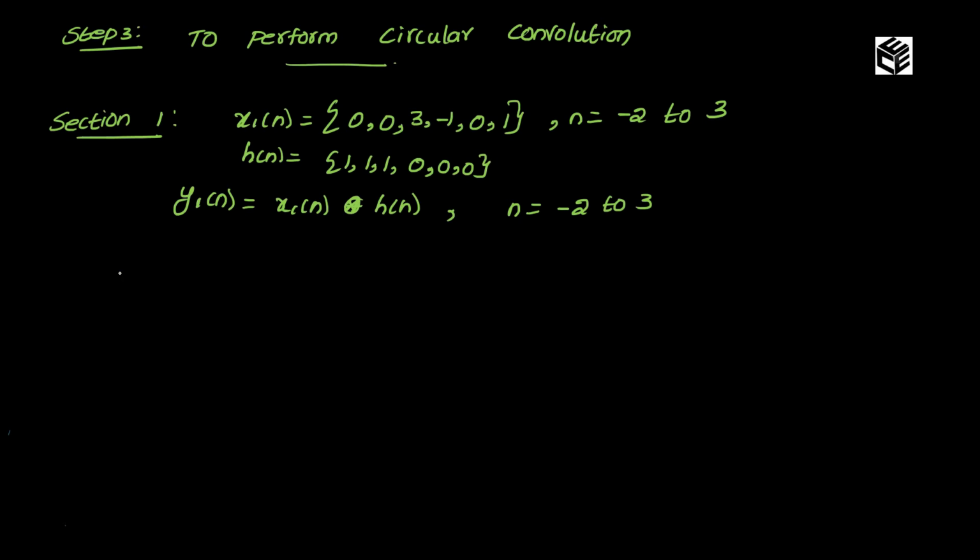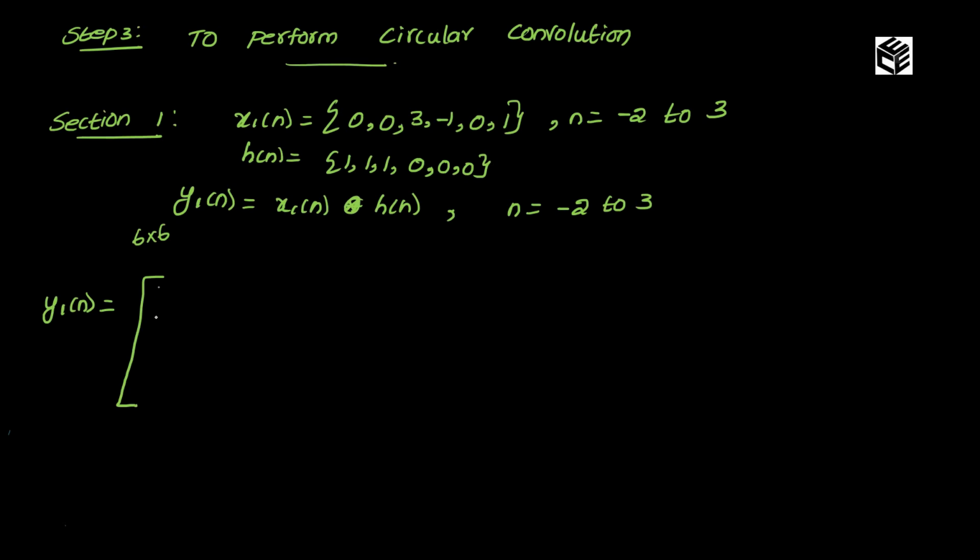Now I am going to use the matrix method of circular convolution, that is y1 of n is equal to... In this I am going to represent x1 of n. Since the number of elements in x1 of n is 6, we will get a 6 cross 6 matrix, right?